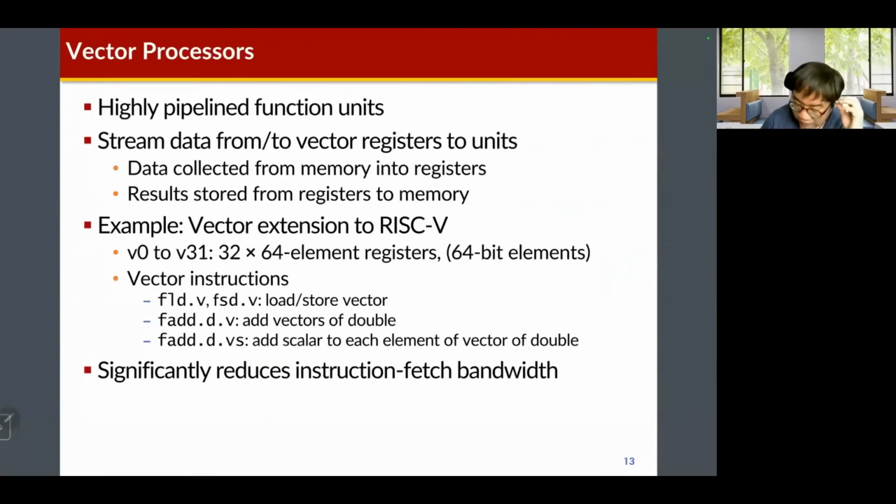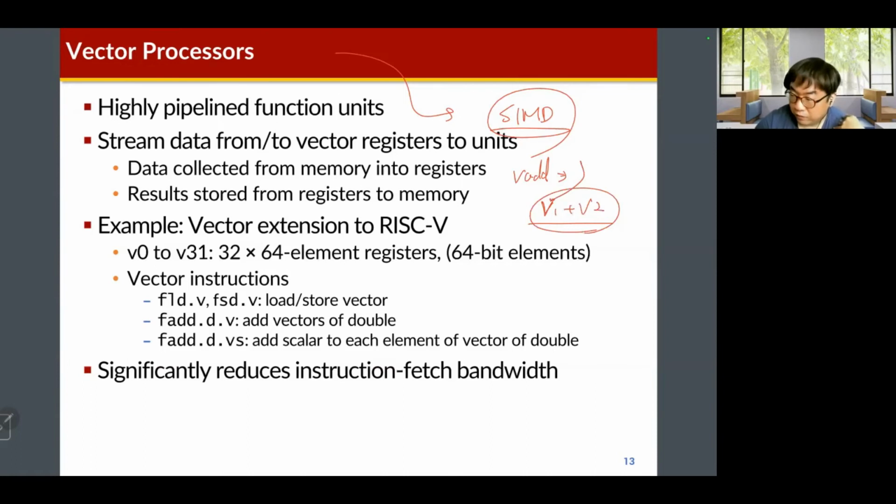Okay, I said that vector processors are the example of SIMD processors. So what is the vector instruction? Like vector add, so we can perform V1 plus V2. And in this vector, there are multiple elements, right?